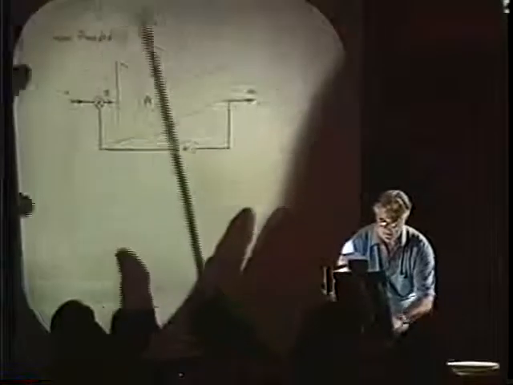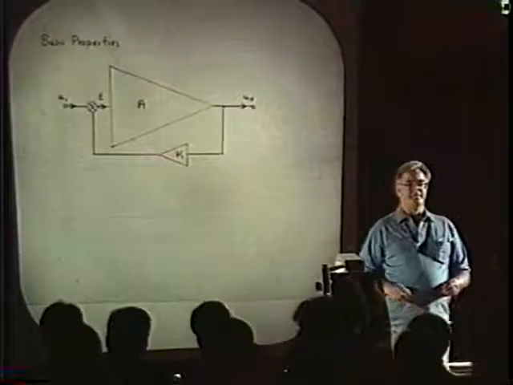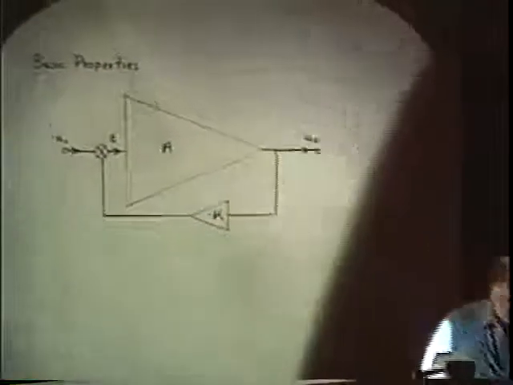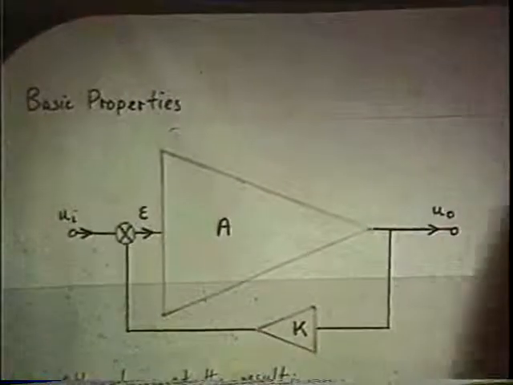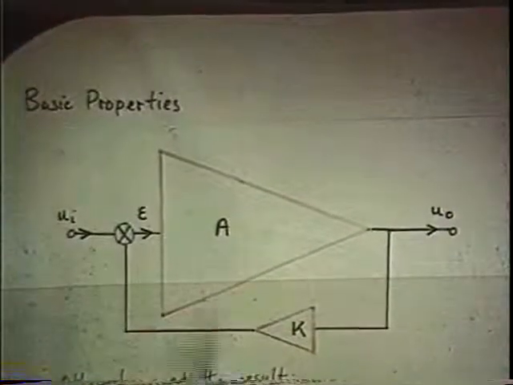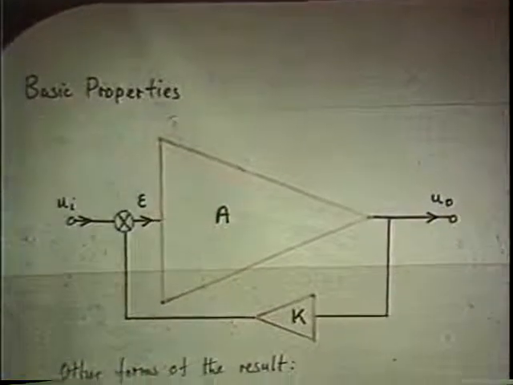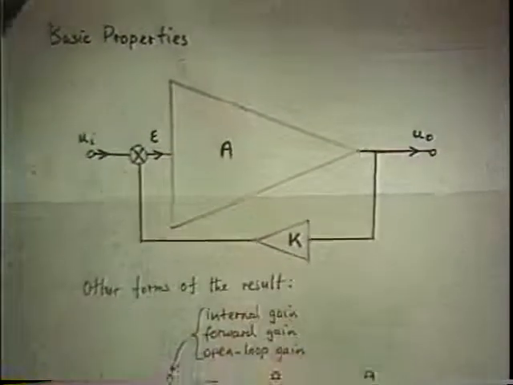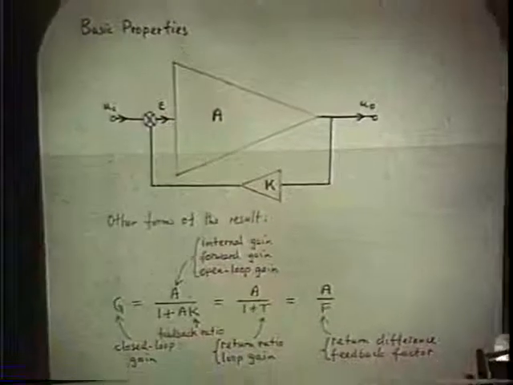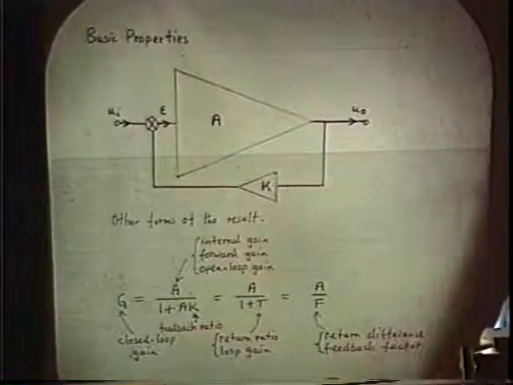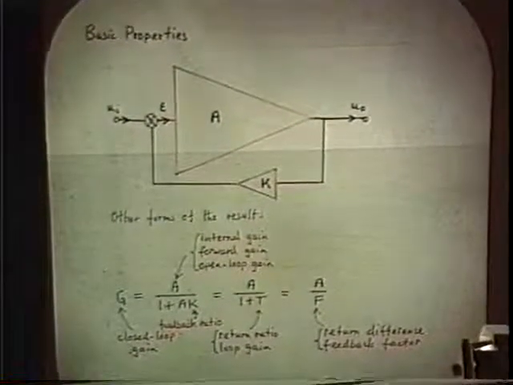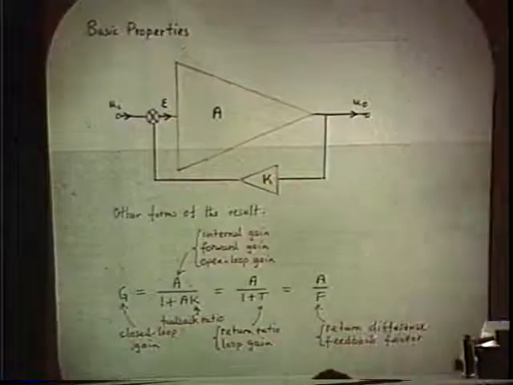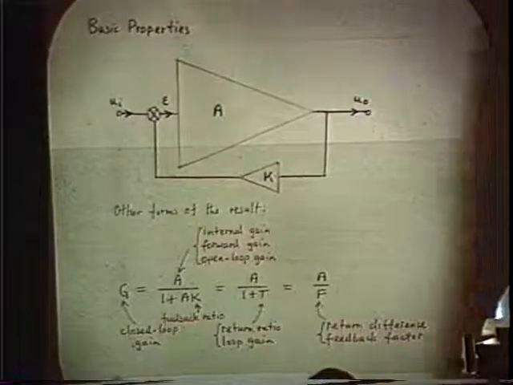Here's the standard model for a single loop feedback system. Here's the standard analysis. A is the forward gain, K is the feedback ratio. You want to solve for the closed loop gain G. Here's the standard format. Maybe you know it in terms of different symbols, but you certainly recognize the format. Again, I'm going to suggest to you it's a lousy formula.